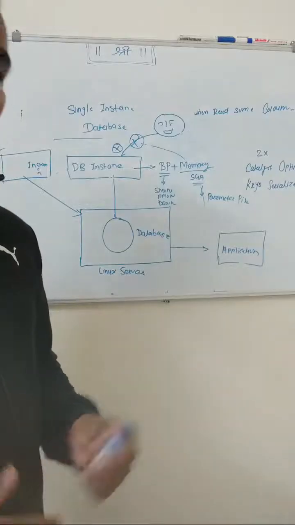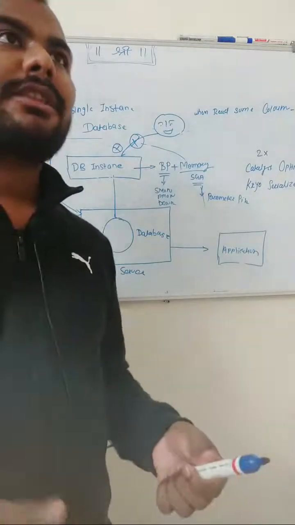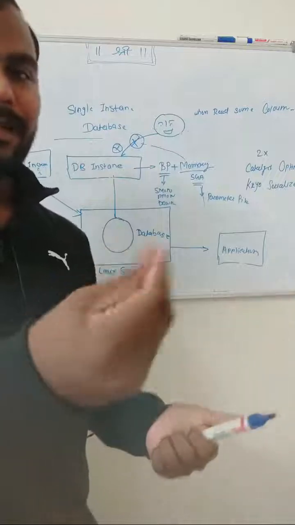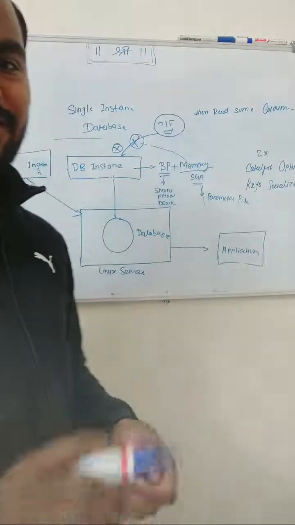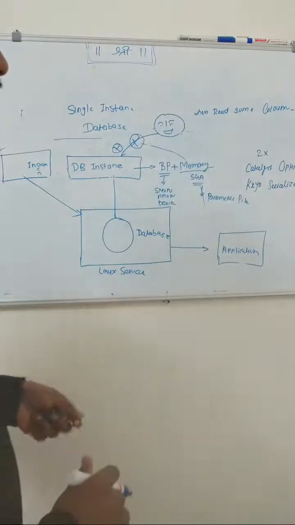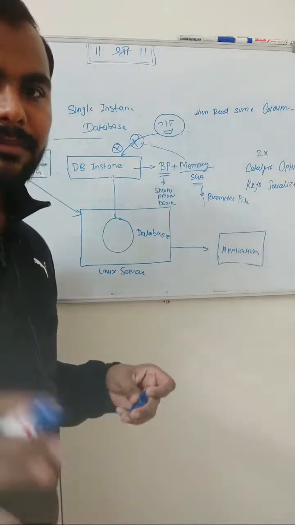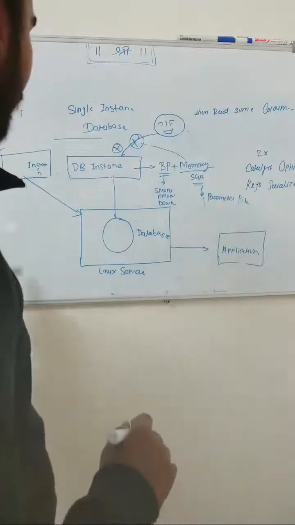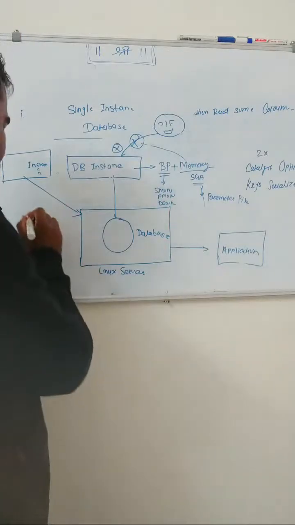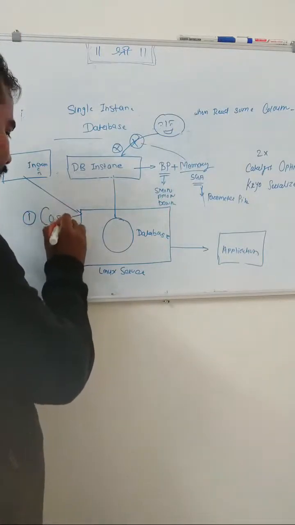Because of that only, most of the banking projects or clients which have a lot of money use this RAC setup. But what is the problem with RAC? The main problem is cost.